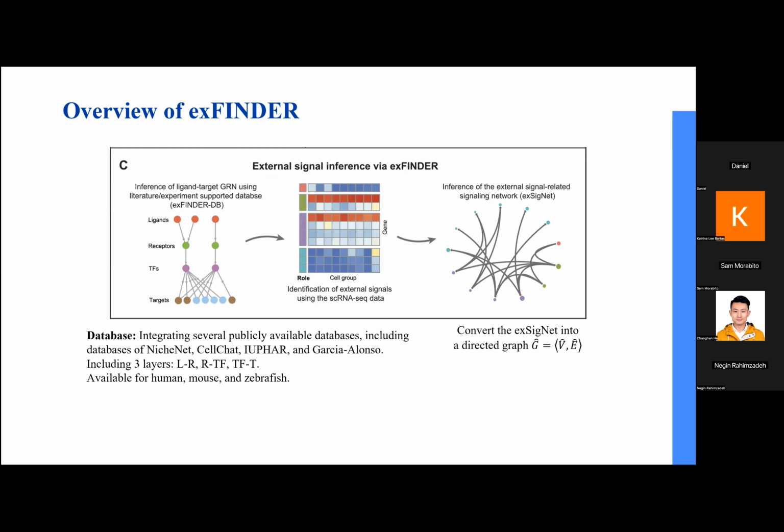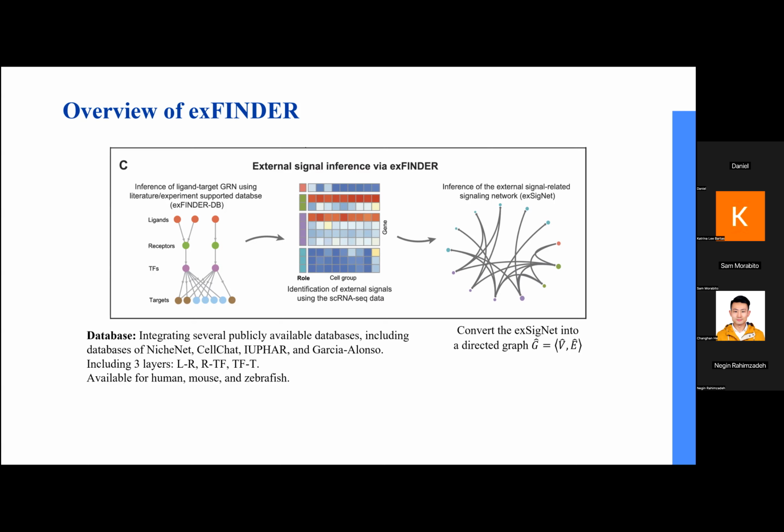We integrated several publicly available databases, including NicheNet, CellChat, and two others. The basic framework is based on the NicheNet database, because NicheNet already has these three layers. Our exFINDER database improves on the NicheNet database and also includes the three layers: from ligand to receptor, from receptor to TF, and from TF to targets.